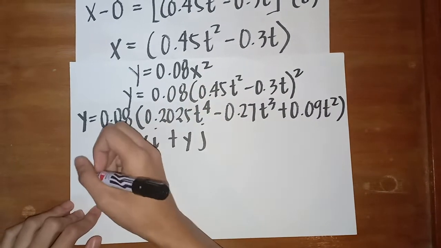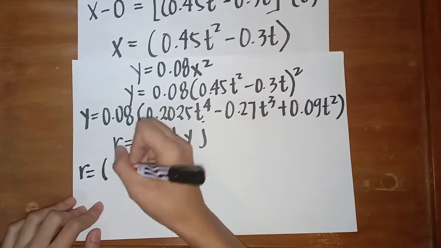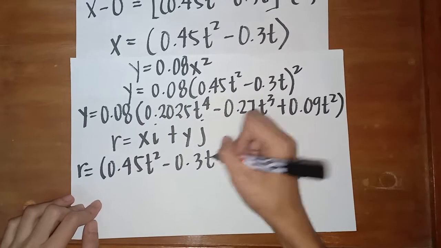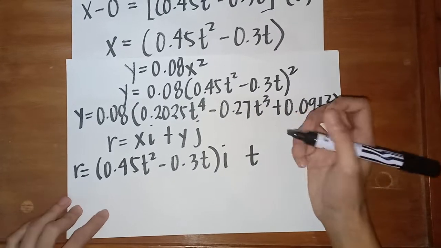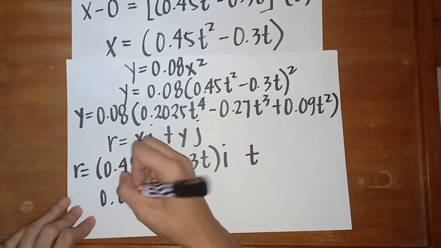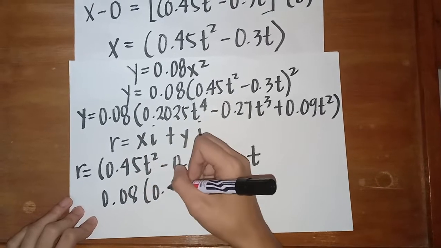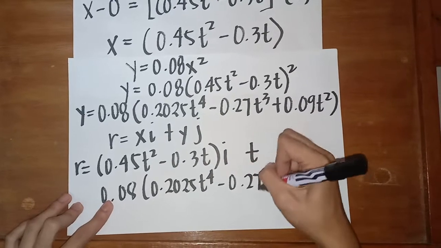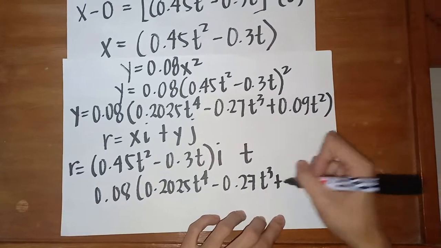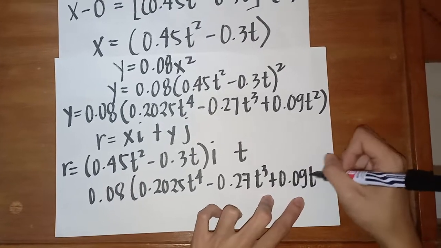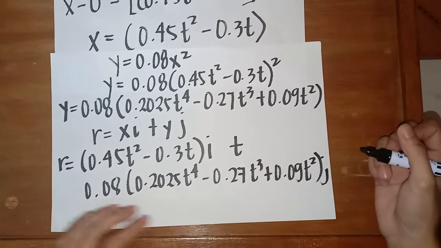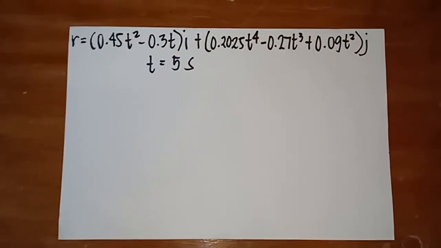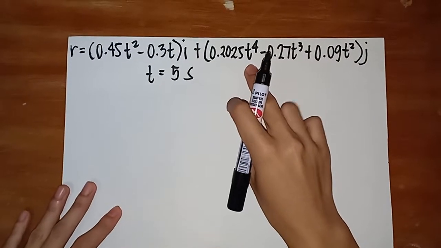So, r is equal to 0.45t squared minus 0.3t i plus yung y natin which is 0.08 times 0.2025t raised to 4 minus 0.27t cubed plus 0.09t squared j. So, ayan, meron na tayong equation ng vector ng position.